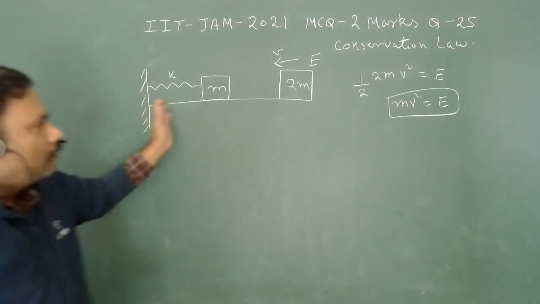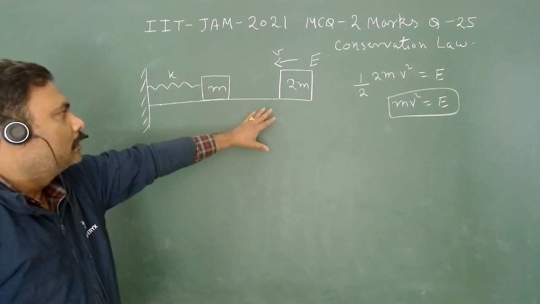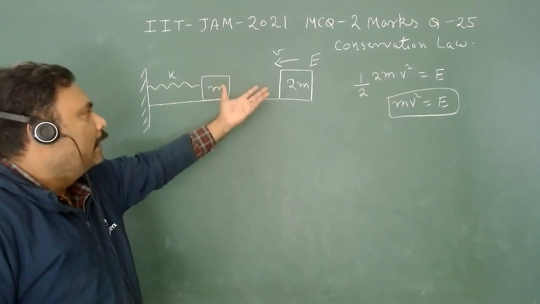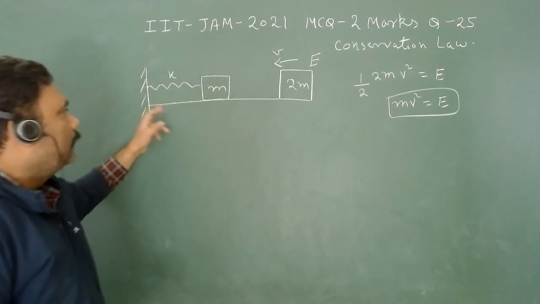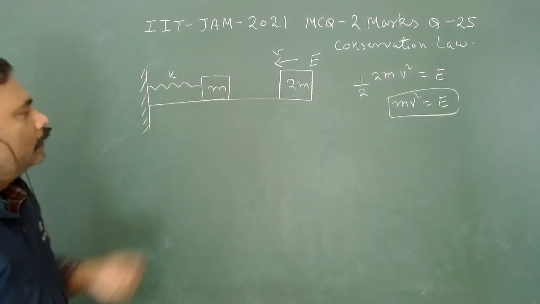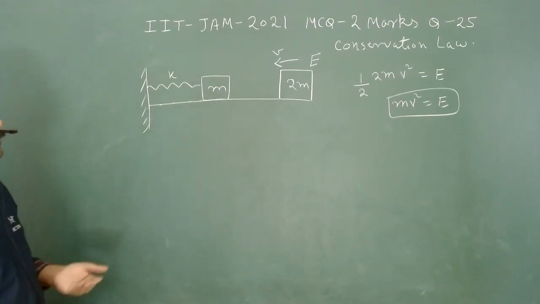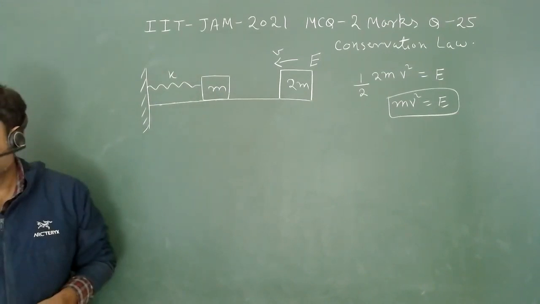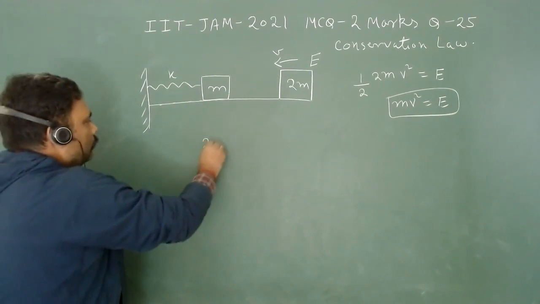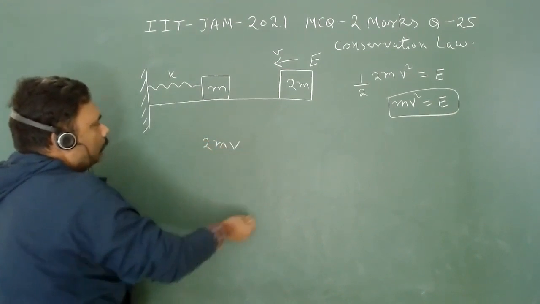So obviously there is not any external force. Whatever forces act in the system are just internal. If I take the whole mass 2m and the spring as a combined system, we have conservation of momentum first. The initial momentum is 2m into v.